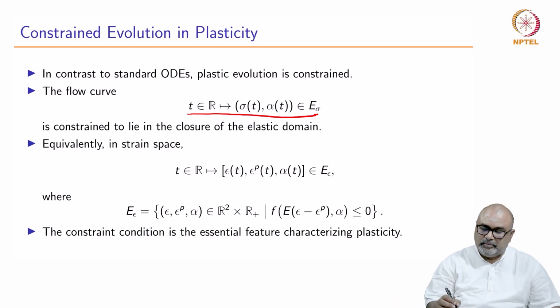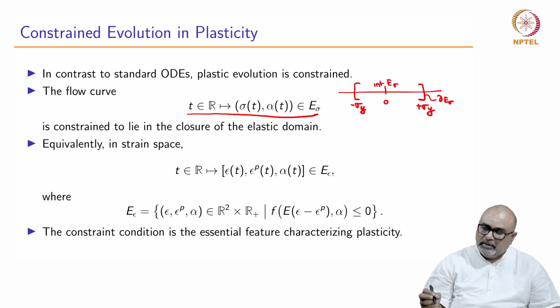of the elastic domain. So, we have the elastic domain defined between minus sigma y and plus sigma y, and the boundaries are given by ∂E_σ, and the interior is given by the interior of E_σ, and this whole region together is called E_σ, which is defined as the union of ∂E_σ and the interior of E_σ.